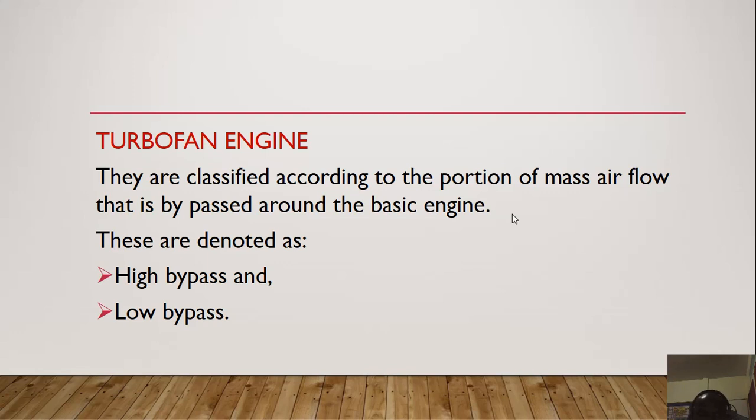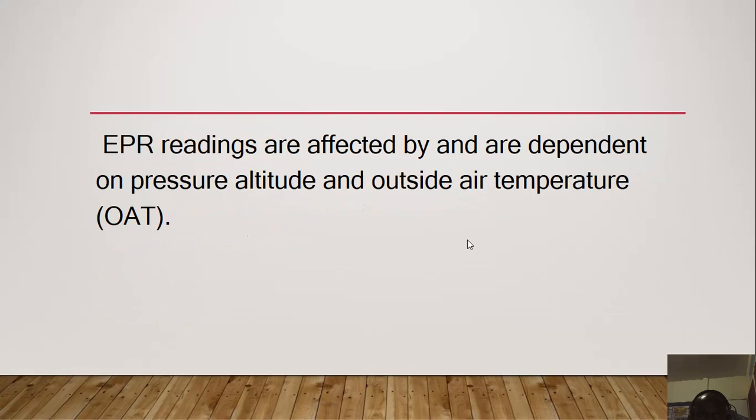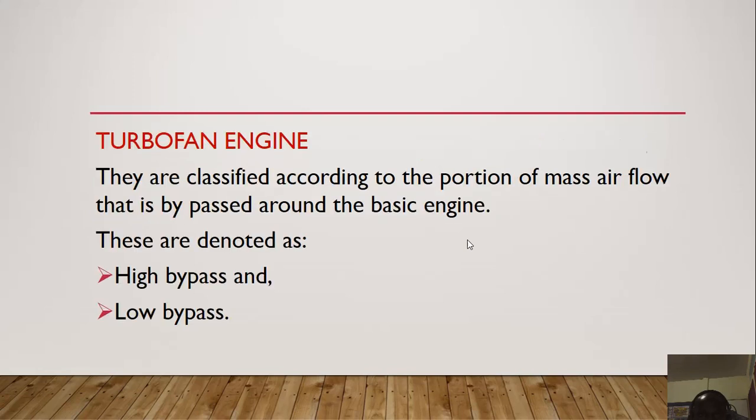They are classified according to the portion of mass airflow that is bypassed around the engine. They are denoted as high bypass and low bypass. This classifies the proportion of mass airflow that is passed around the engine, because it has a fan that keeps passing the air around the engine.